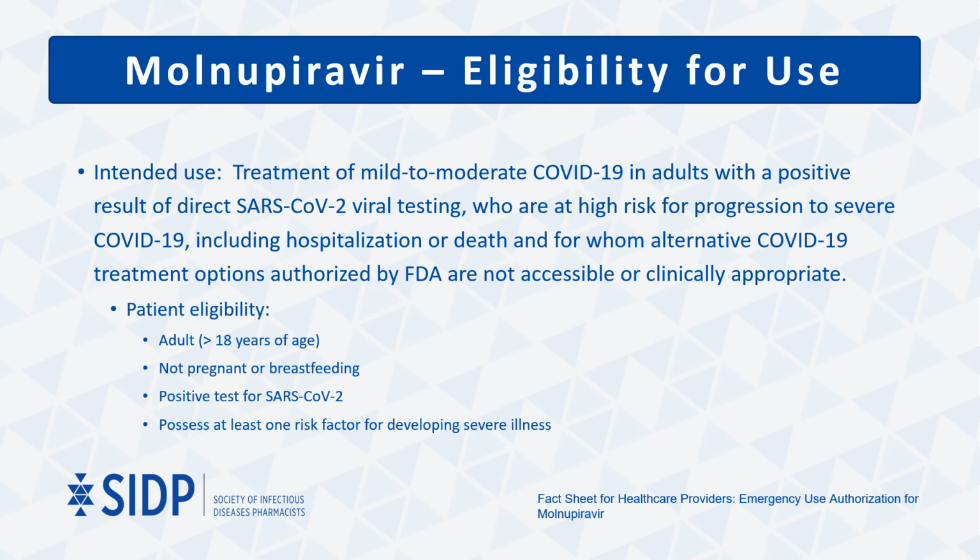In terms of eligibility, again, these must be adult patients greater than or equal to 18 years of age, not pregnant or breastfeeding, have that positive test for SARS-CoV-2, and possess at least 1 risk factor for developing severe illness. And I'll cover those on the next slide.